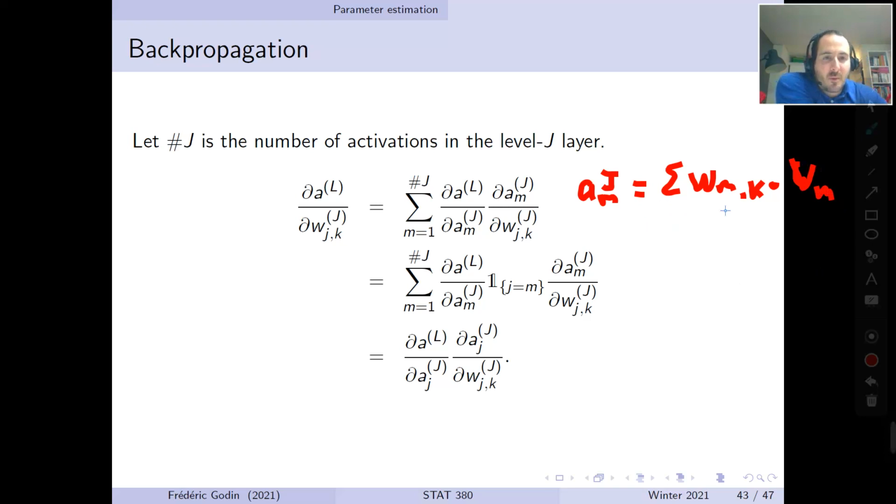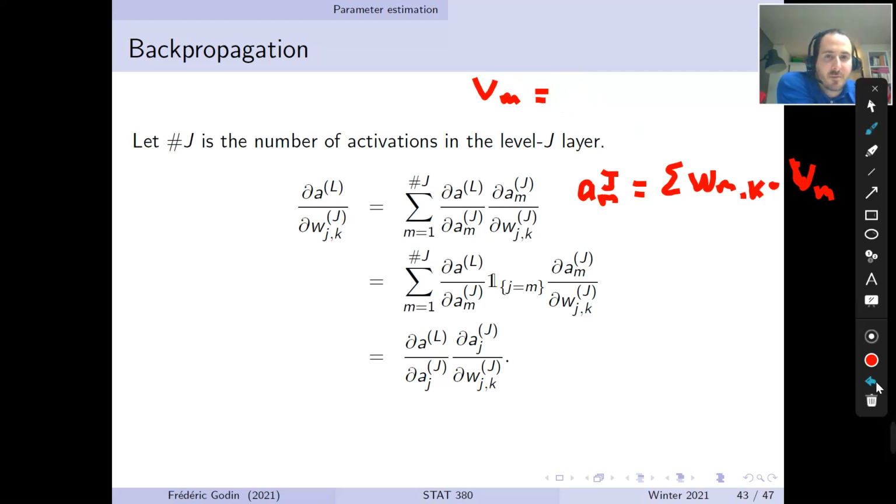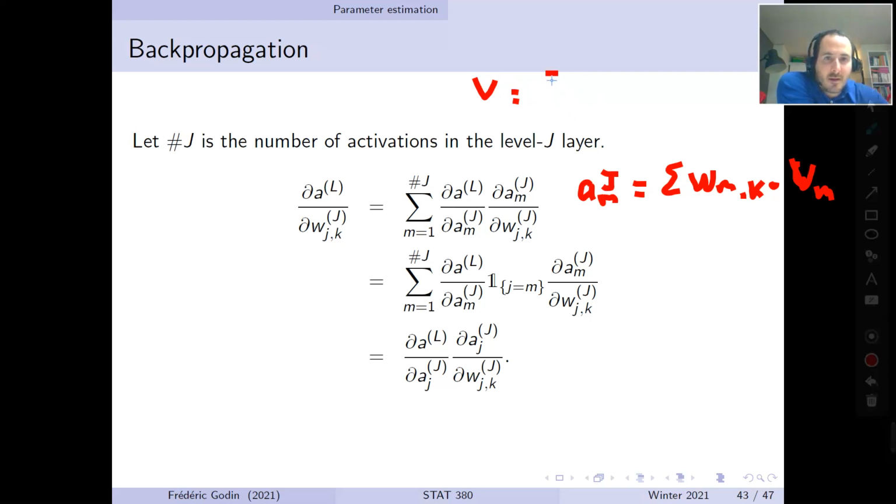Here we see that we sum across all the w's some quantities, because the activations for layer J, and these m's, were represented by that vector v, which contained 1 and h of the z's of the previous layer.